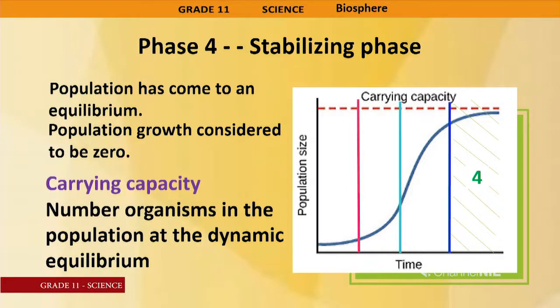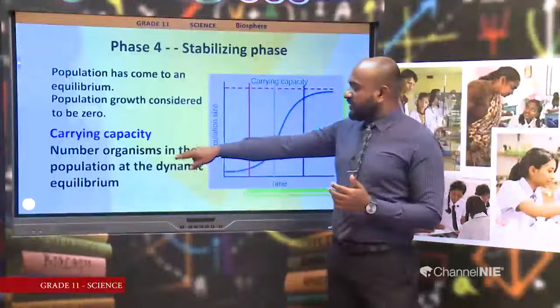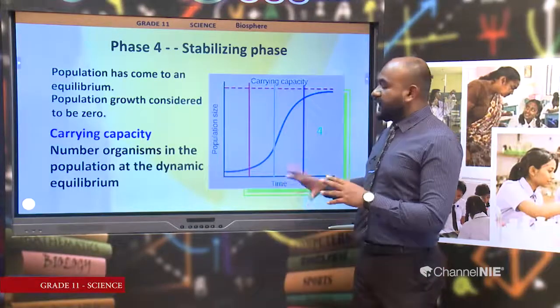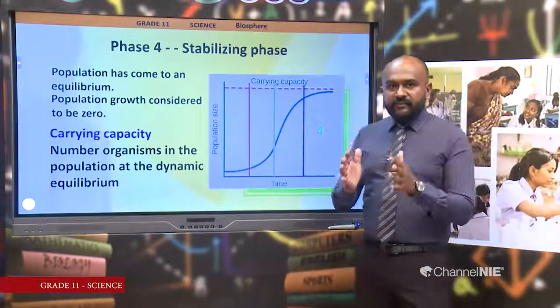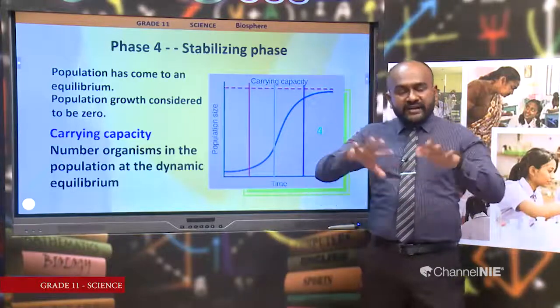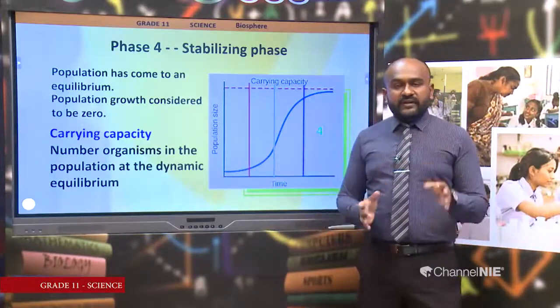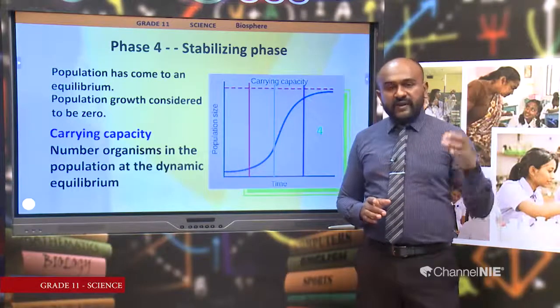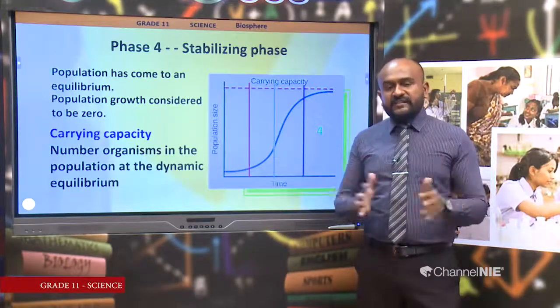Yeah, as I told you, now the population has come to the carrying capacity. Now, let us see what this carrying capacity is. I already told you, but let us see what it is. Number of organisms in the population at the dynamic equilibrium. Dynamic equilibrium. Now, this equilibrium is a result of several interactions going on. This equilibrium is a result of competition, predation, parasitism, disasters, diseases, and all that.